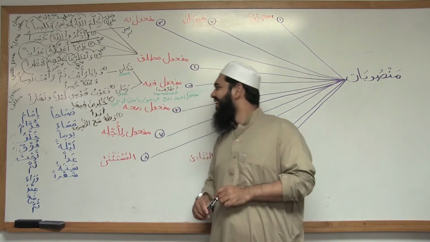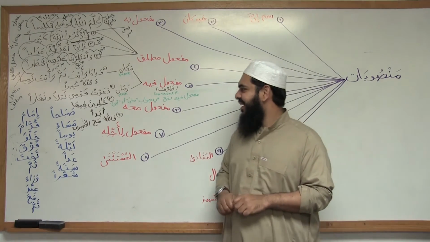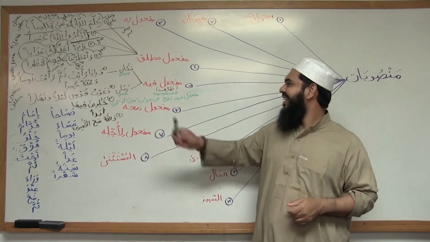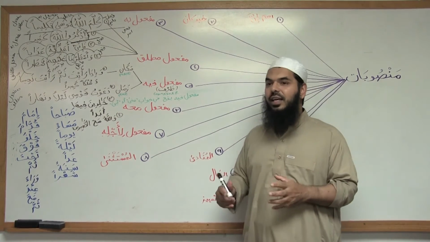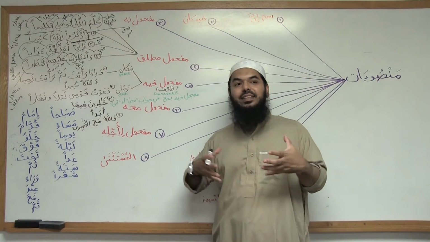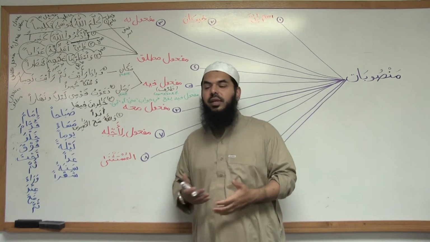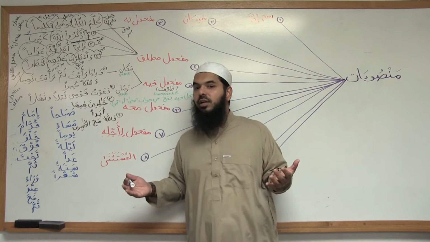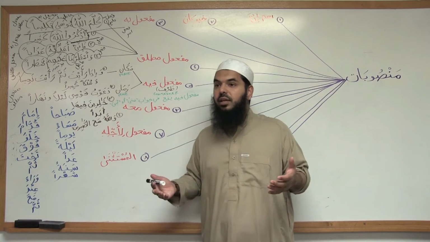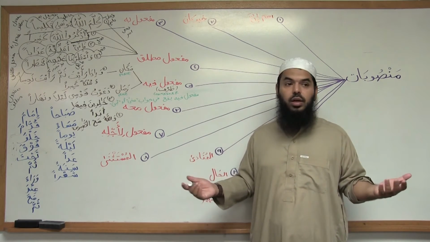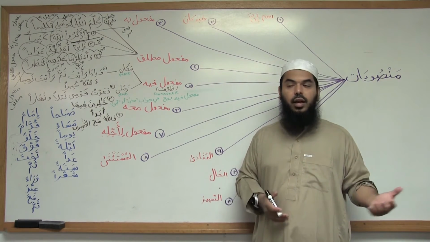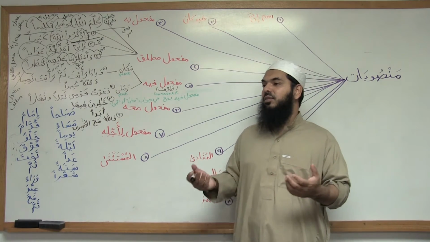Like I said. Now, since I don't want to get into confusing stuff yet. Maf'ul fihi is when something is done in something, right? Now there's two things something can be done in. What two are they? Something could be done in a place or a time, right? Like I wrote this in San Diego.